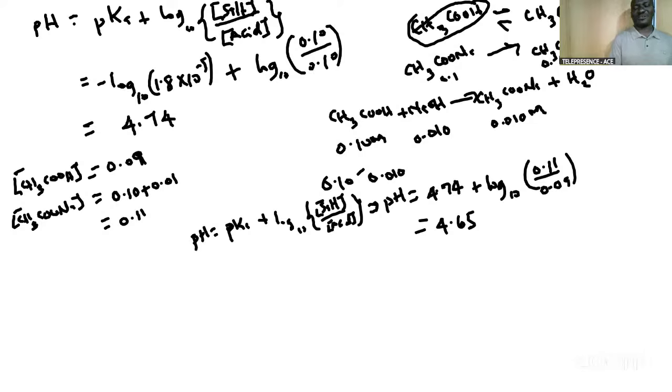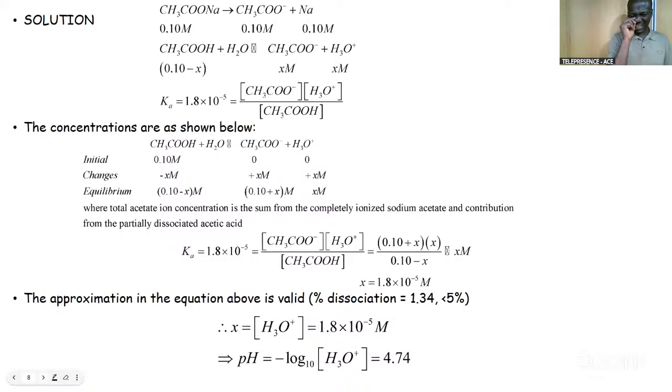All right. So the solution again is on the slide, and this is what you have here. What I've just written now is what I've displayed here. So you have the sodium acetate ionizing completely to give us 0.1 molar of acetate ion.